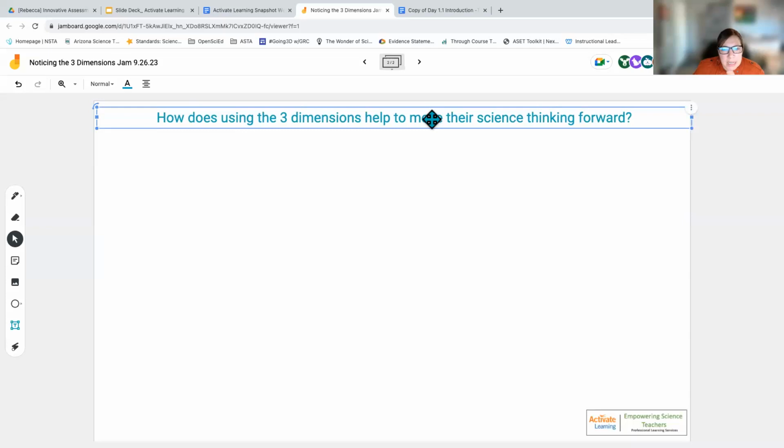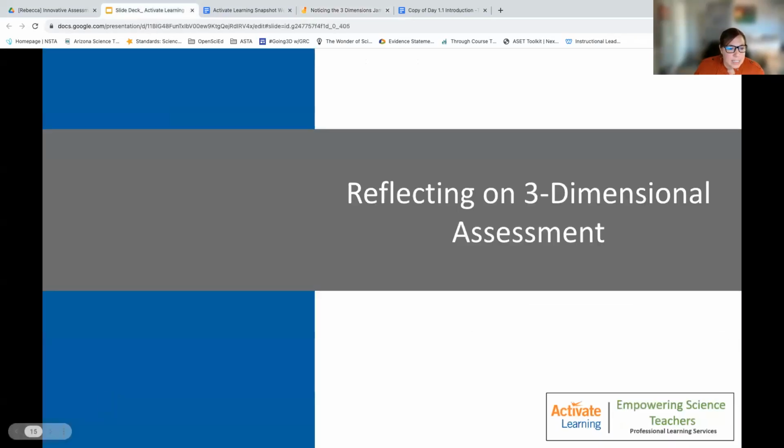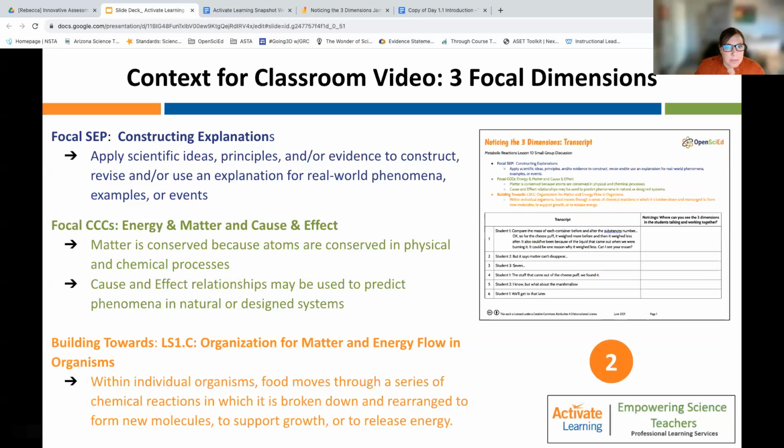How does using patterns and data, talking about energy and matter, constructing explanations help to move their thinking forward using that, disciplinary core ideas, which I can come back to that slide if we need some of this. How did it help them move their science thinking forward? Reminder, here were some focal 3 dimensions.